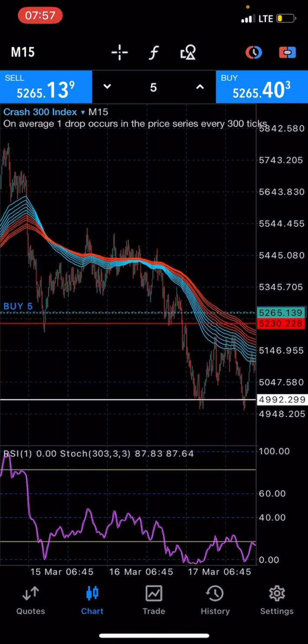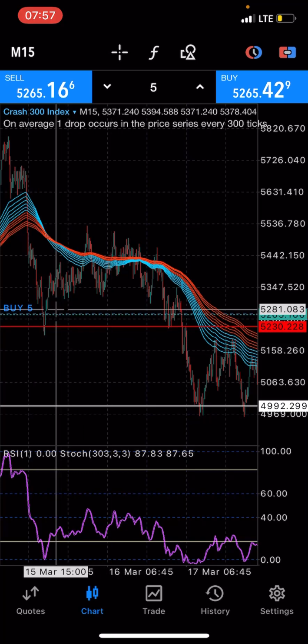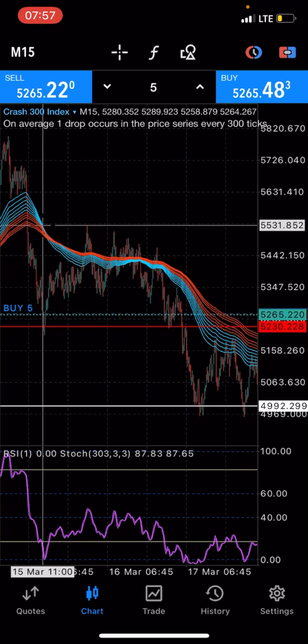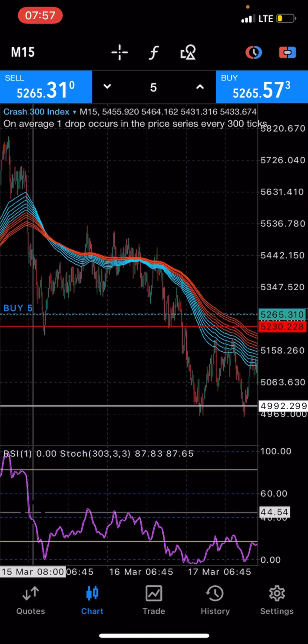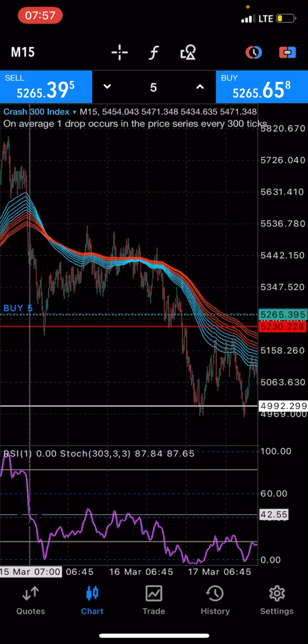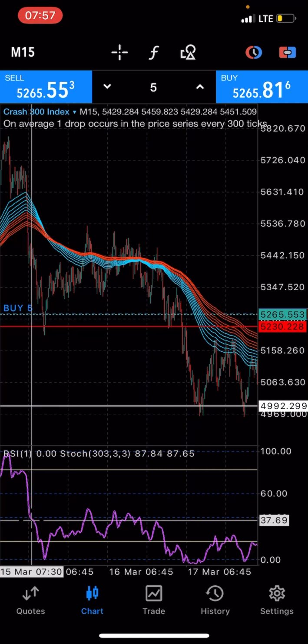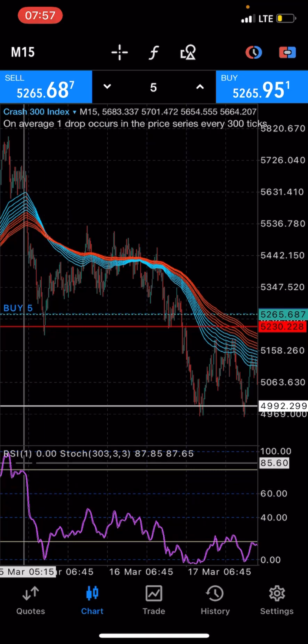You see here, once there was a crossing here for a sell, that's when the market crossed and passed the level 40 as well. Just note that once the market passes level 40, you can go in for a sell or a buy, depending on the direction the market is coming from.